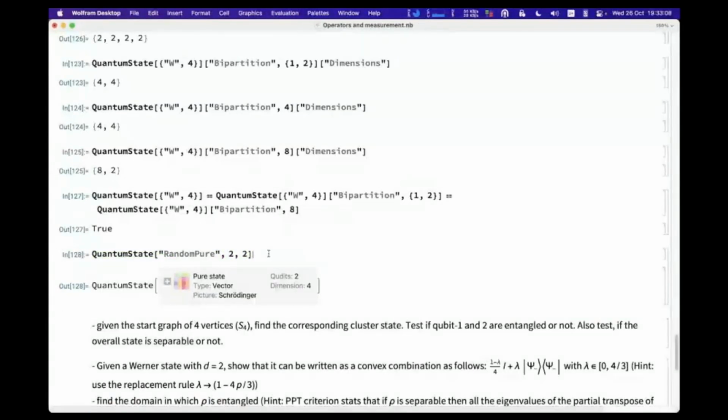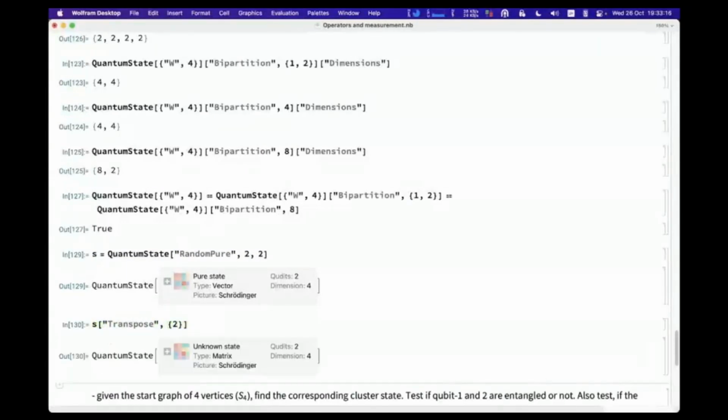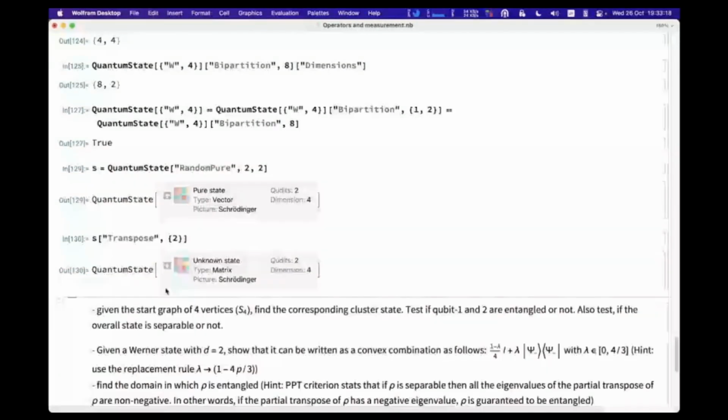Call it whatever. And then when you do partial transpose, for example, let's do the partial transpose on the second one. It's a fancy process that we do, but at least look at the dimension. It's still a system of 2 subsystems, and the dimension is the same.